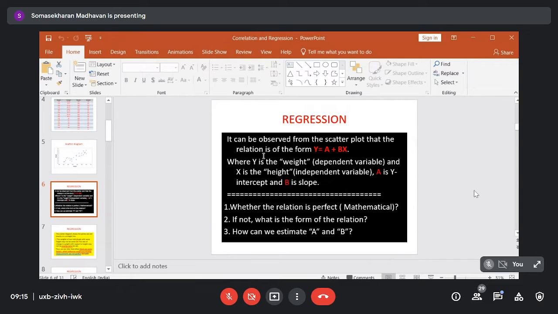Some variables are related bidirectionally, for example, price and demand. When the price changes, the demand changes, and when the demand changes, price also will change. So it is a bidirectional relationship.